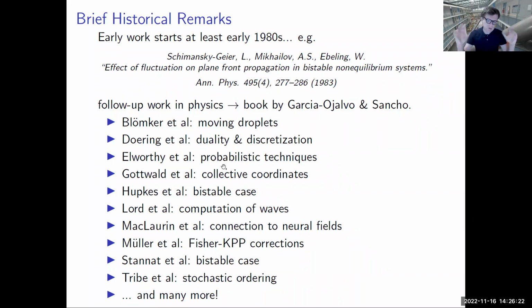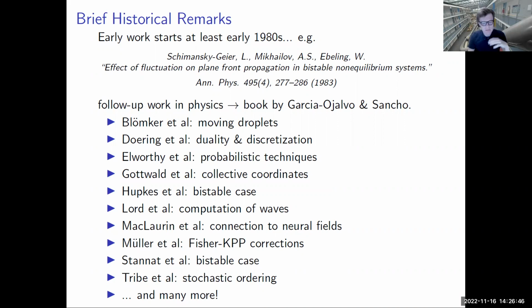People went to look at droplets. They looked at probabilistic techniques, and they looked at certain types of special coordinates that are moving. They looked at computational methods to track these stochastic waves. They looked at connections to integral equations like neural field equations and tried to track waves there. They looked at correction terms to wave speeds.